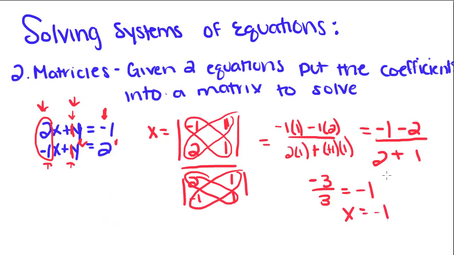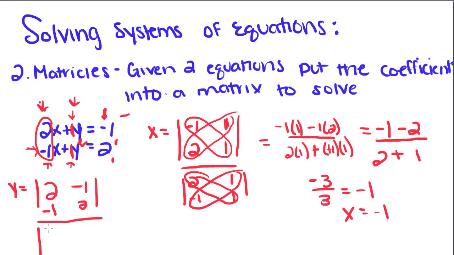For y, we're going to start with this first coefficient here, so 2, then this constant right here, negative 1, over this first coefficient here, negative 1, and this constant here, divided by the same first coefficient, this coefficient, and then these two coefficients, negative 1 and 1.